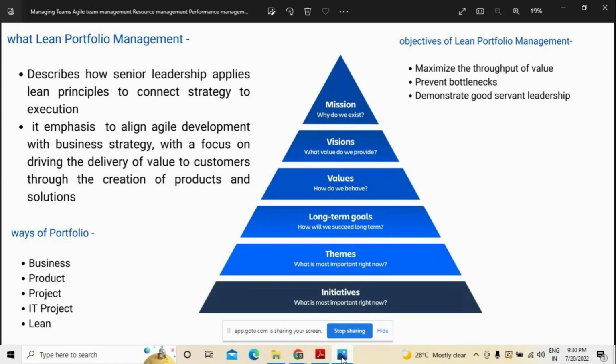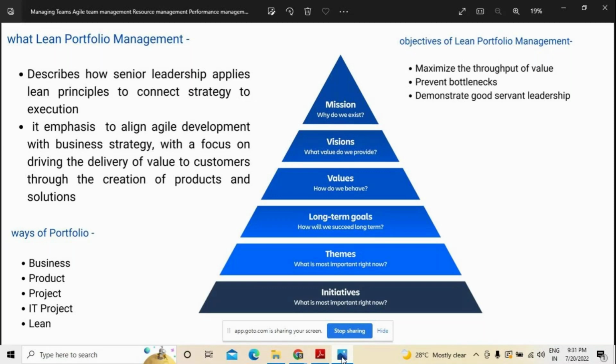At the same time, what are the value systems and principles which we are adopting for the long term? What values are we adopting here? And what long-term goals do we want to achieve, followed by the themes and the initiatives we want to take in order to make it more convenient and successful.